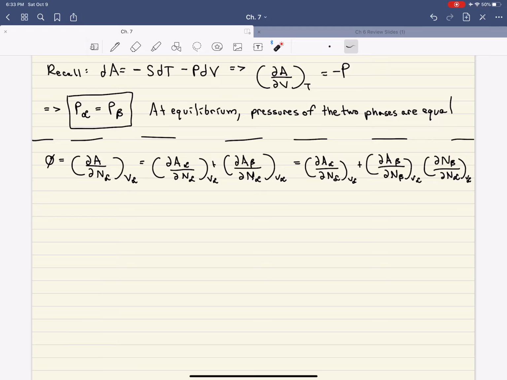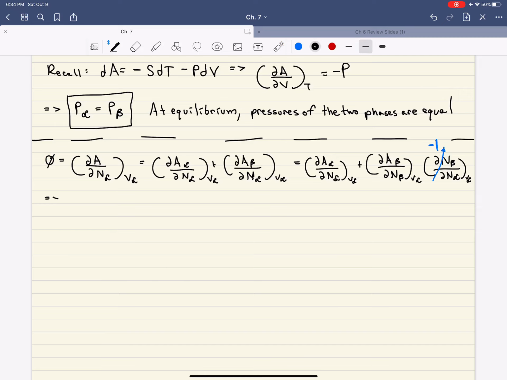If N beta increases, N alpha decreases. And so that means, just like what we saw with volume, that this partial derivative is going to be equal to -1. Okay? And so we have a positive term here, a negative term here. The sum of them is equal to 0.